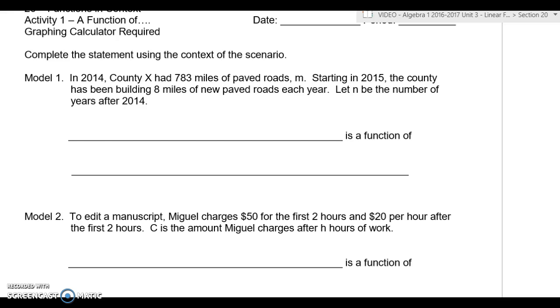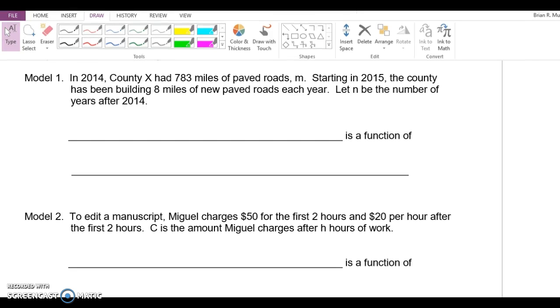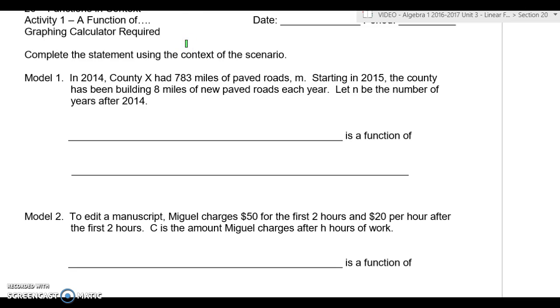So the number of years is affecting the number of paved miles of road. So what we're going to say then, that quantity that affects the other, that's our input. So N, the number of years after 2014, would be our input.